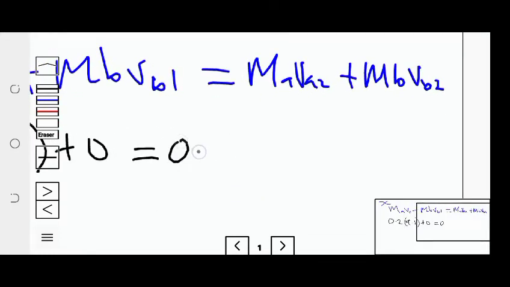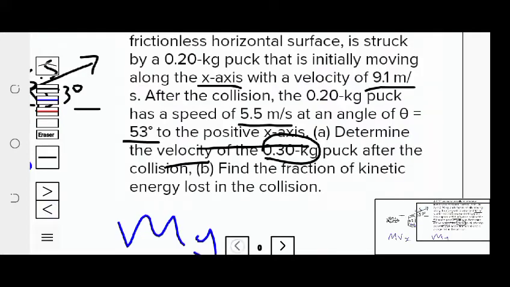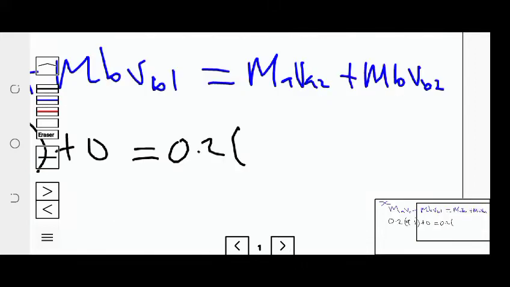ma, which is 0.2 multiplied by the final velocity of the smaller puck. So this one, we are told that it was moving at 5.5, but at an angle of 53 degrees.